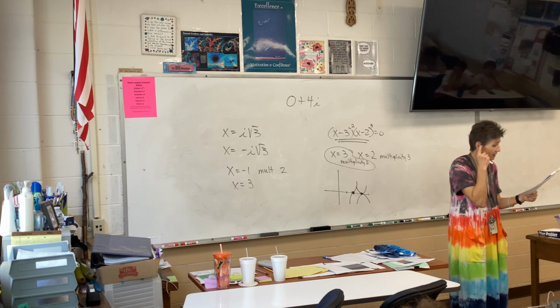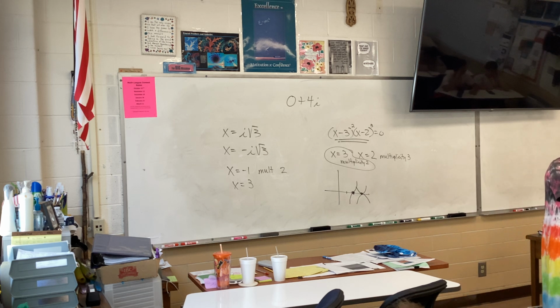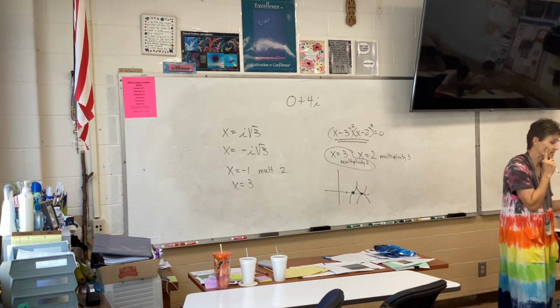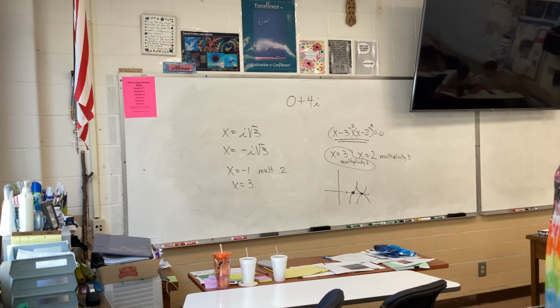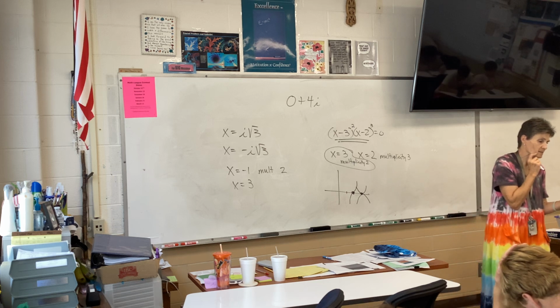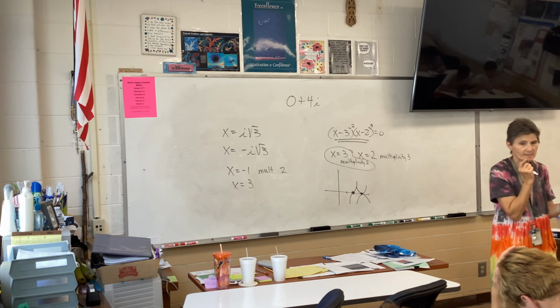We've already talked about the reminder. When we write f of x, we are referring to the y. Y bigger than 0 means the graph is above the x-axis. Y less than 0 means the graph is below the x-axis.